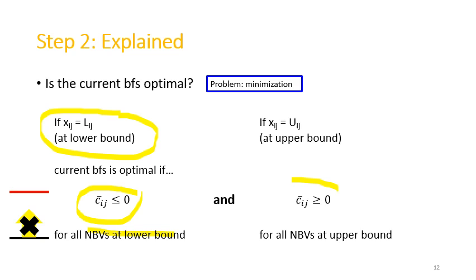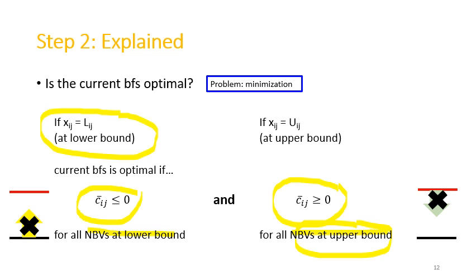If we are already at this condition and the non-basic variable is at upper bound, and we try to decrease its value from the upper bound to something smaller, then our objective function value will become larger, which is worse in terms of minimization, so we cannot do that.